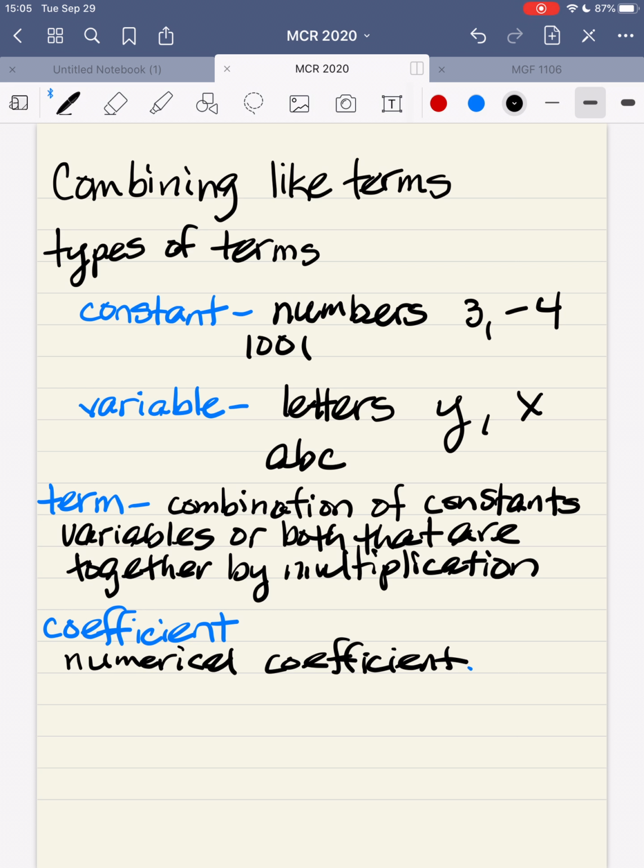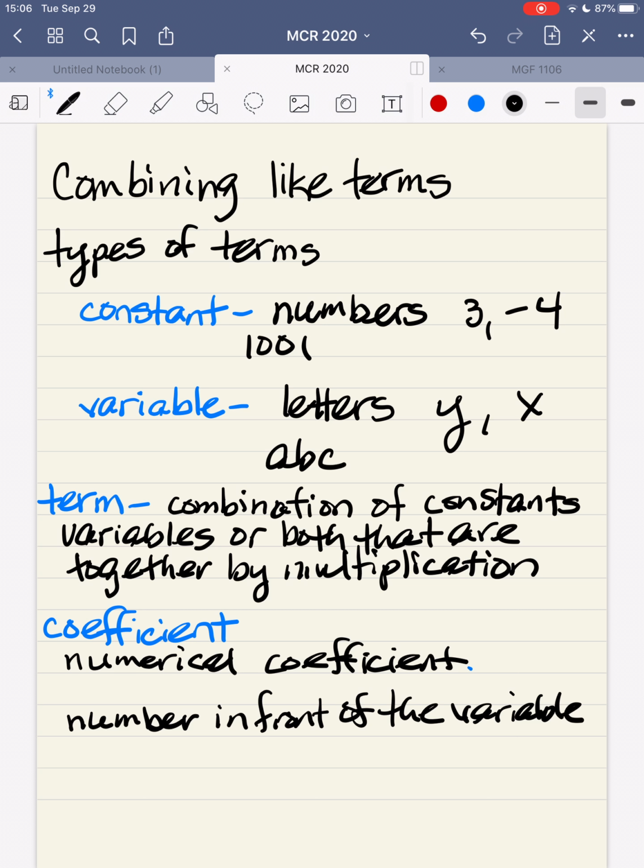All right. When we're talking coefficient, usually we leave off the numerical, but it's a numerical coefficient. This is the number in front of the variable. Okay. And sometimes you see it, sometimes you don't. So as an example, if I have 3y, then 3 is my coefficient.